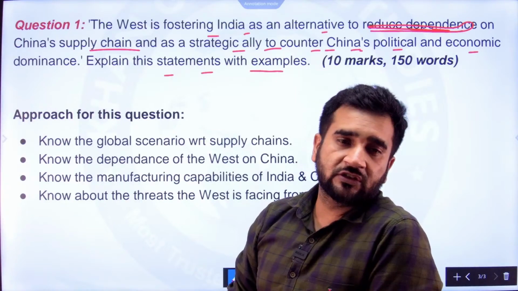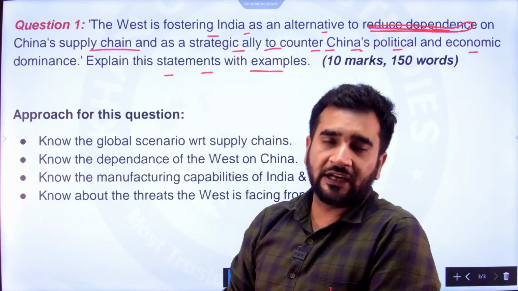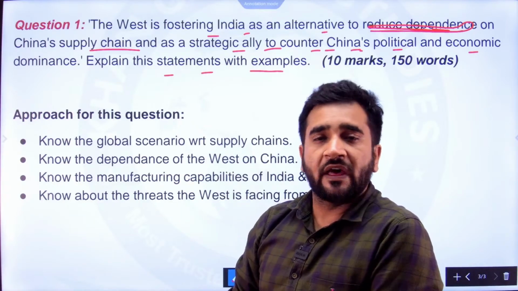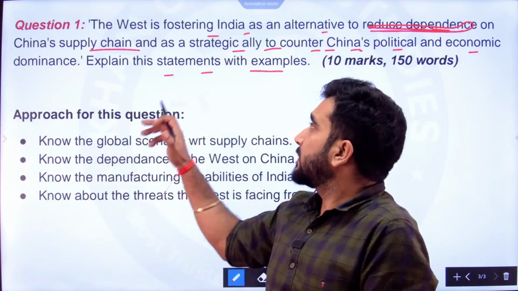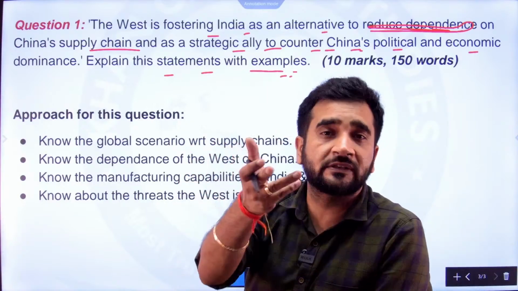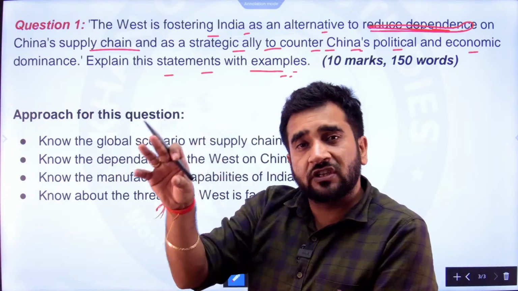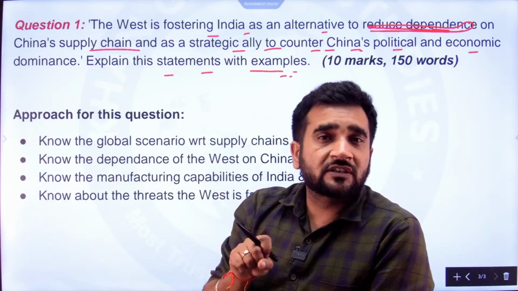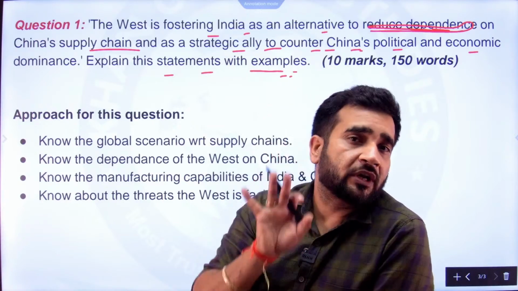But now the West is not liking it. The West wants to control or contain China by partnering with other countries like India. We have to give examples, like I gave you Apple and Samsung. You have to give other examples also in this domain: what the West is doing to foster its ties with India with the objective of countering China.